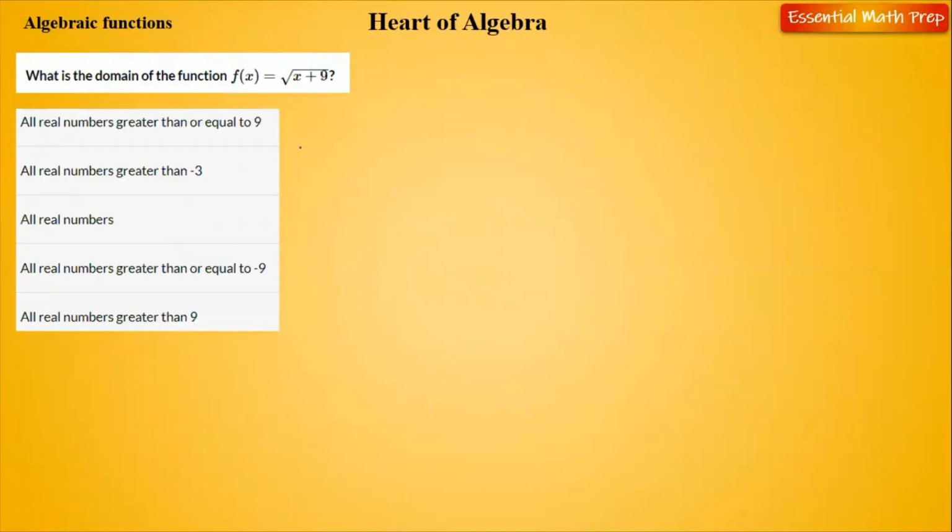Okay. What is the domain of the function f of x equals square root of x plus 9? I can see three values: f of 9, f of -3, and f of -9, right? If you substitute x equals -3, then f of -3 equals square root of -3 plus 9, which is √6, right?